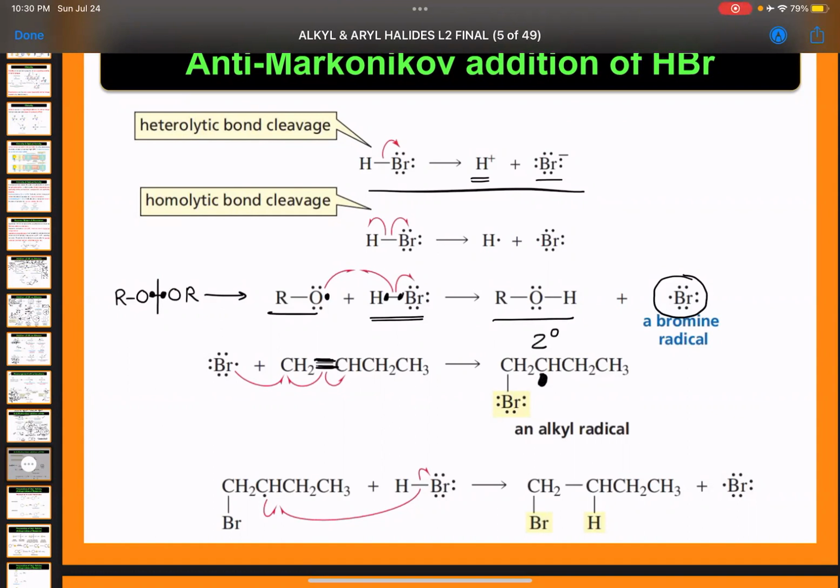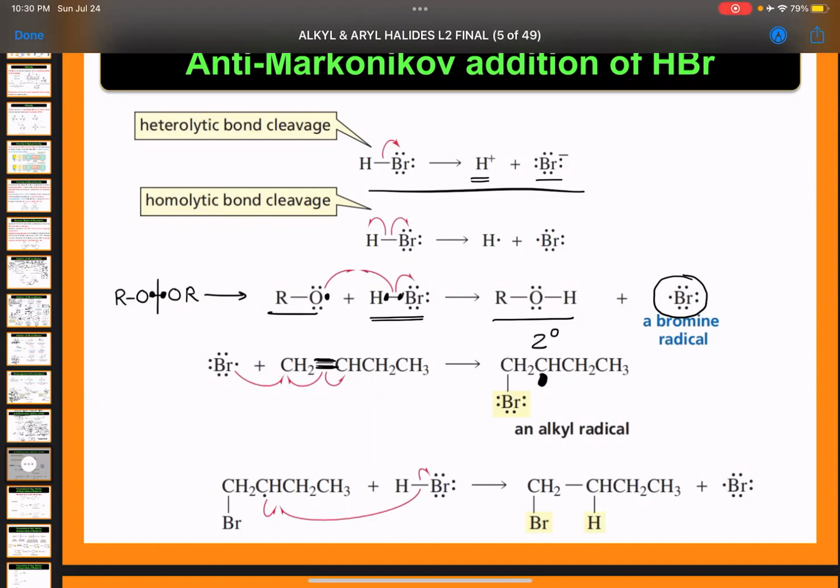So again, the same thing we are going to apply here. Earlier H plus was adding to the double bond, and we discussed that the H plus will attach itself in a way such that a more stable carbocation was formed, on the inside of the alkene. Here the Br radical is joining because peroxide actually changed the course of reaction, and that has led the HBr to form Br radicals.